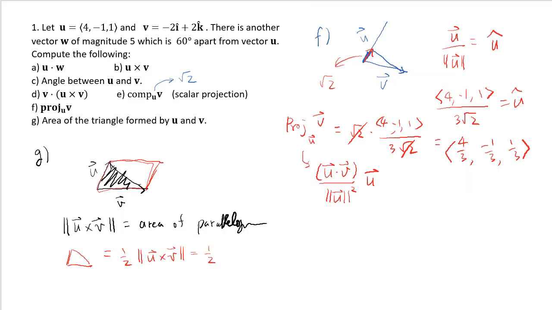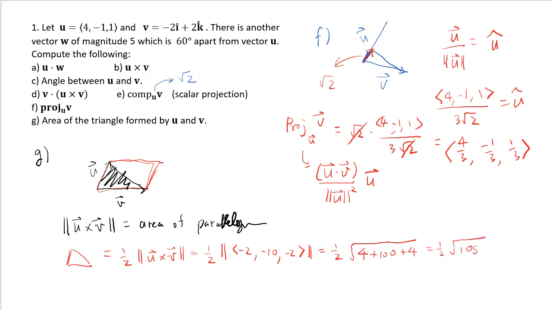So what we need to do is take the norm of that: -2 squared is 4, 10 squared is 100, -2 squared is 4 again, so it's 1/2 of the square root of 108.